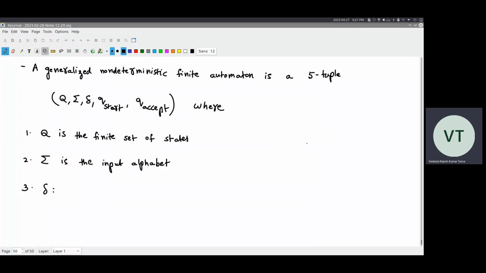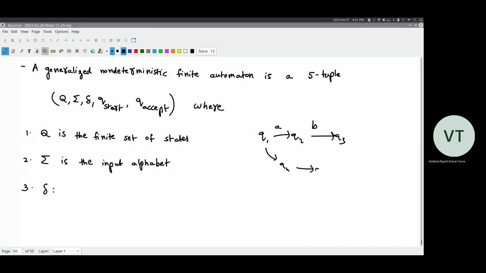Basically, if two outgoing arrows have the same label, then we will combine them. Yeah, thanks for the clue. Now I got it. Suppose you have three states, and suppose this is AB, and suppose you have another two states, and suppose this is BA. I'm sorry. This is fine.